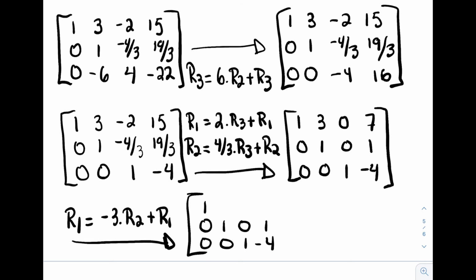So as you can see here, when you apply -3 to row 2, you get -3. Add that to a +3, which gives us a 0, and then -3 times 0 plus 0 is 0, and then finally -3 times 1 plus 7 is going to give us our +4. And that is our reduced row echelon form matrix.